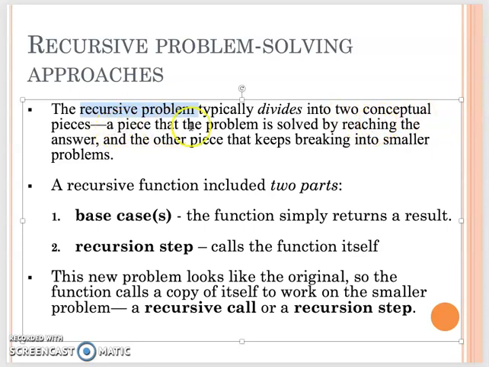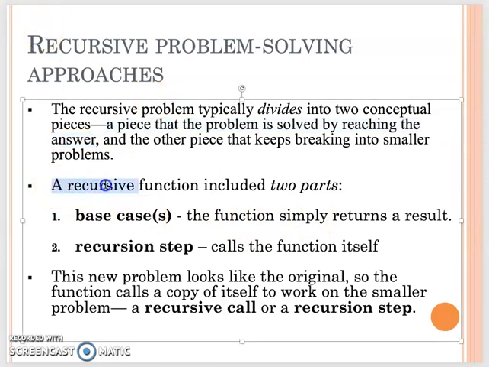One piece is the problem is solved by reaching the answer. The other piece is keep breaking into smaller problems. That's our recursive code. The base case is where the problem is simple enough that it is just solved by itself.